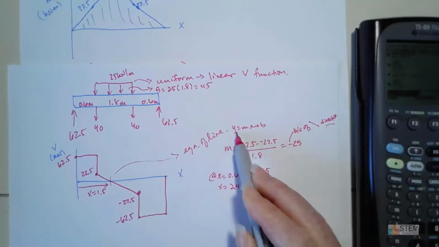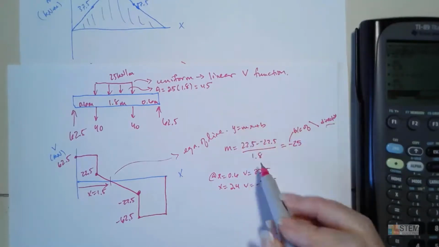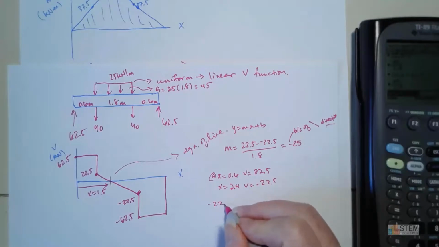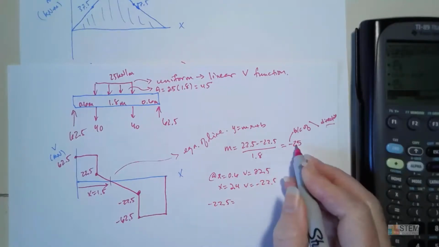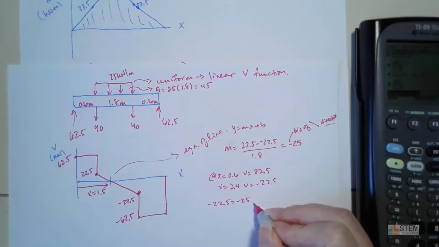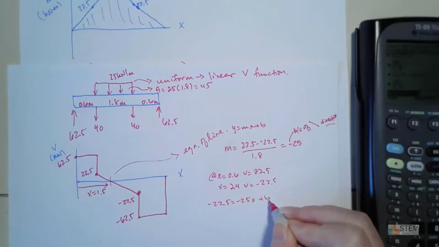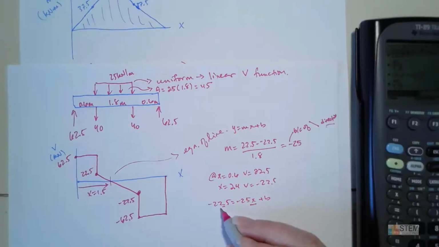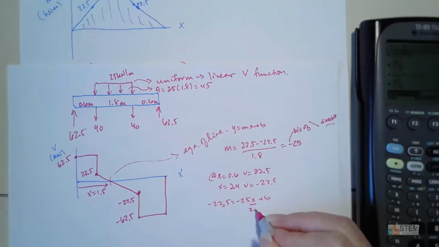Using this expression, where remember y is equivalent to V, I could say negative 22.5 equals the slope, which is negative 25, times x plus b. For this value of negative 22.5, x is 2.4.